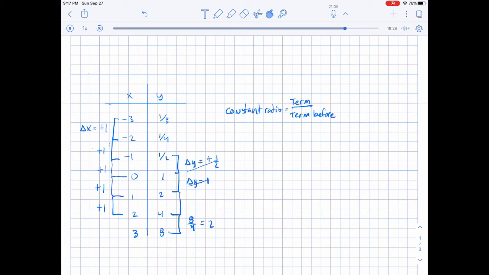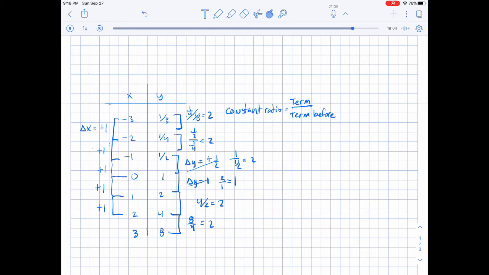How about 4 divided by 2? Well, that is also 2. How about 1/2 divided by 1/4? Well, that is also equal to 2. And of course, let's do the last one of 1/4 divided by 1/8, which is also equal to 2.